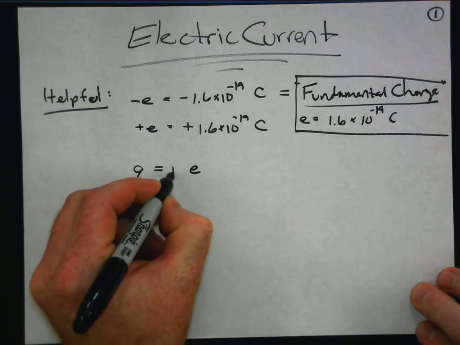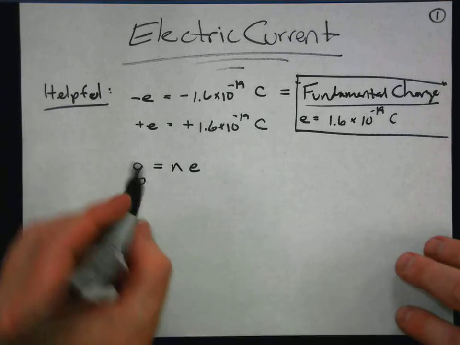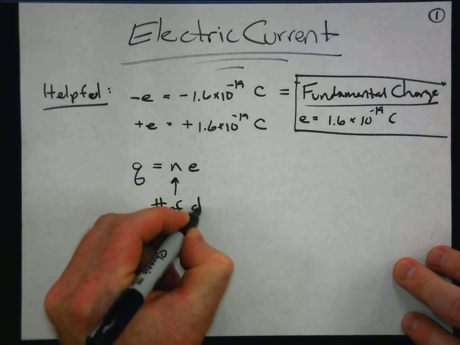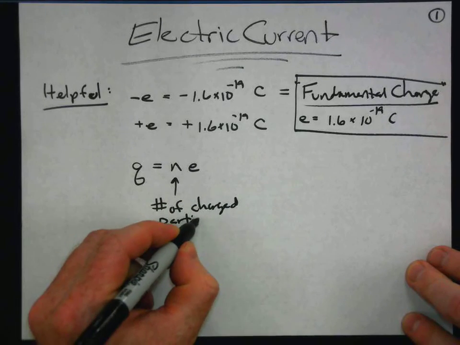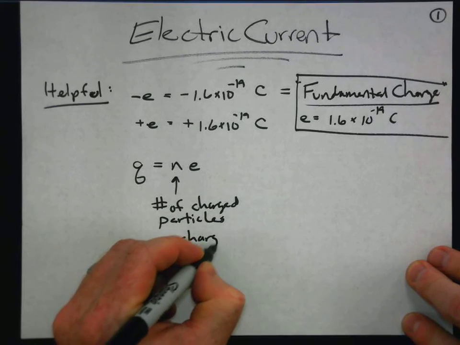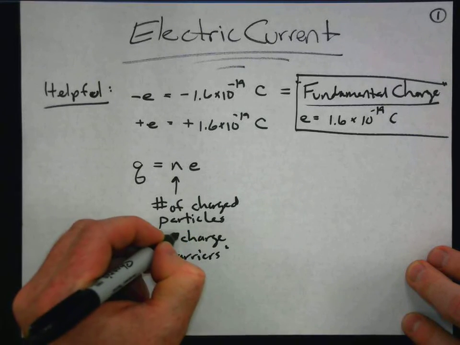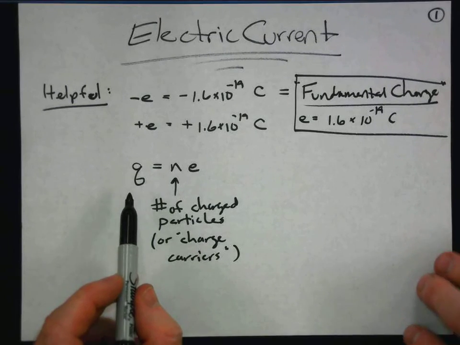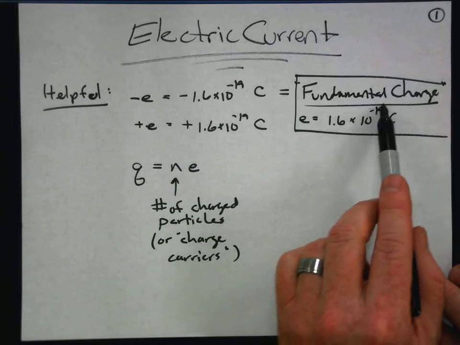So we could have any number, and that's just the number of charged particles, or sometimes called charge carriers, and of course Q is the total amount of charge, and e would be the fundamental charge, which is just that number.